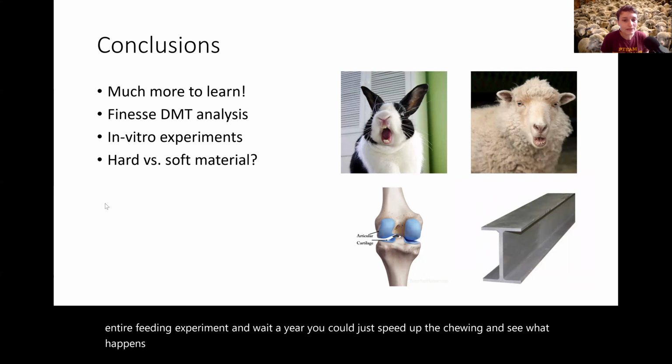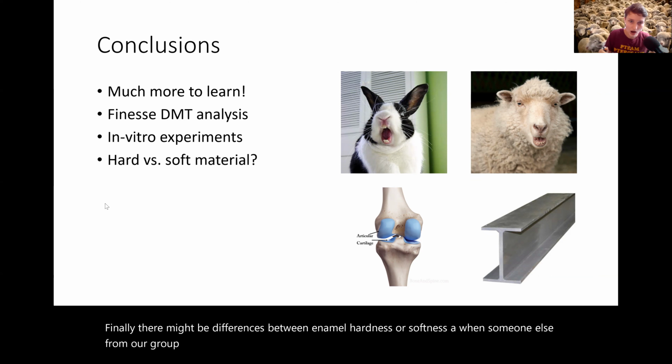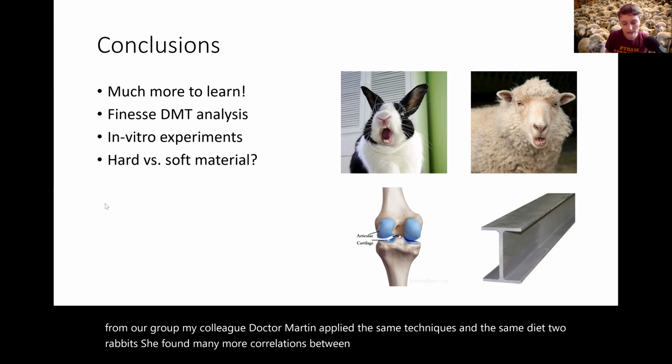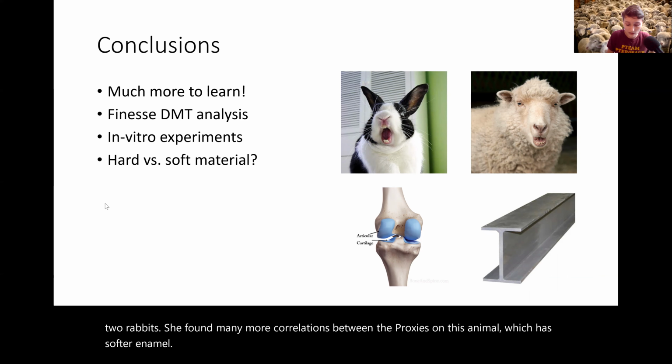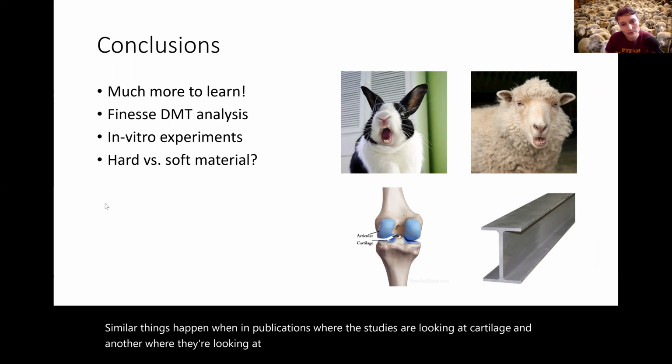Finally, there might be differences between enamel hardness or softness. When someone else from our group, my colleague Dr. Martin, applied the same techniques and the same diets to rabbits, she found many more correlations between the proxies on this animal, which has softer enamel. Similar things happen in publications where one study is looking at cartilage and another at steel: many more correlations happen in the cartilage study.